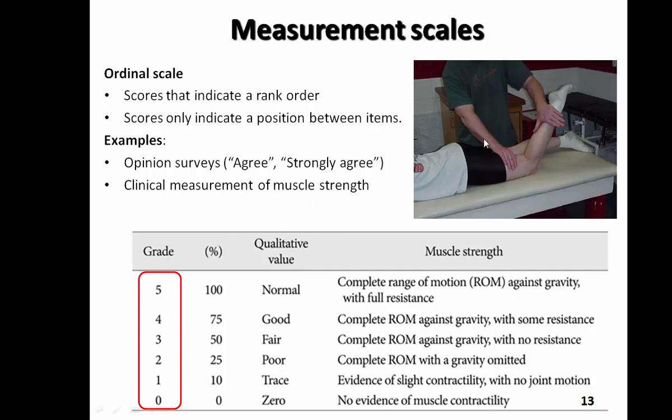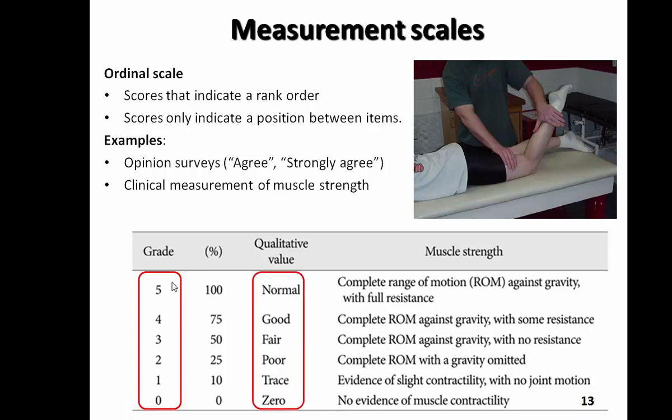Based upon the therapist's personal experience, they'll grade the level of muscle contraction or muscle strength in a suspected injury on a scale of 5 down to 0, where 0 is defined as no evidence of muscle contractility.